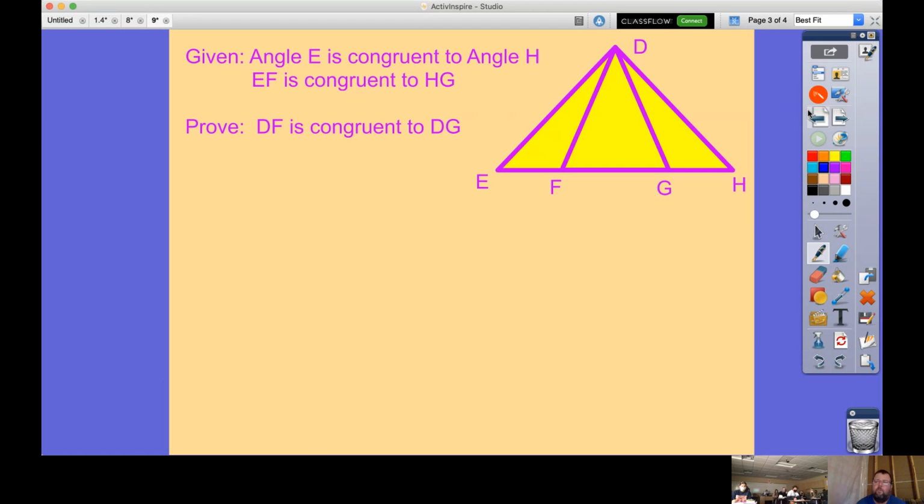All right, so same thing that we started with the last one. Get that picture drawn out so we can mark it up as we go here. All right, and then let's take our 3 points. Angle E is congruent to angle H. How do we know that? That's given.